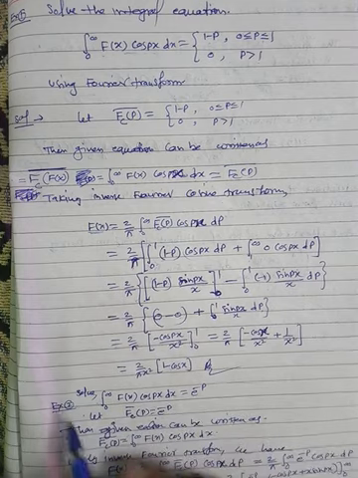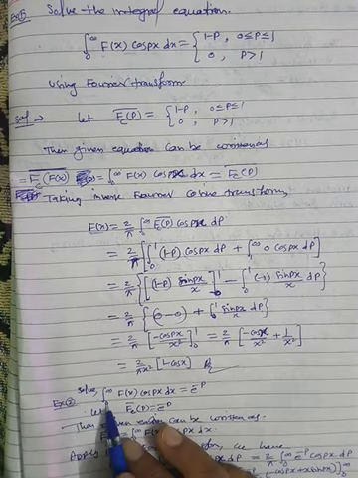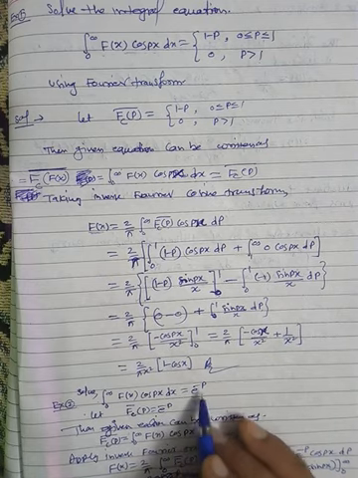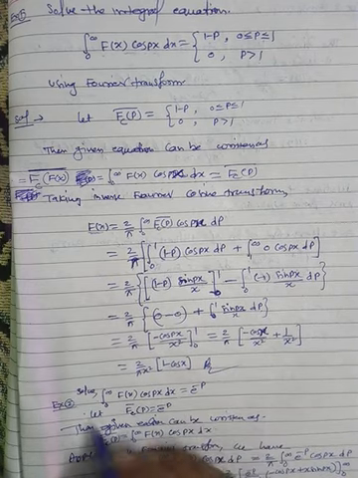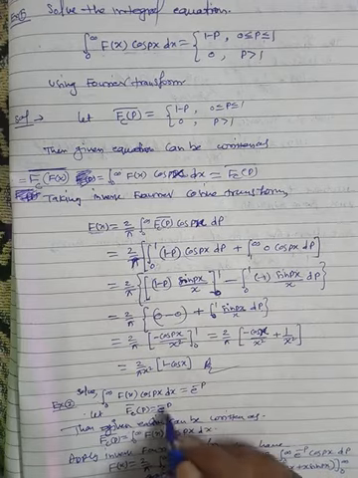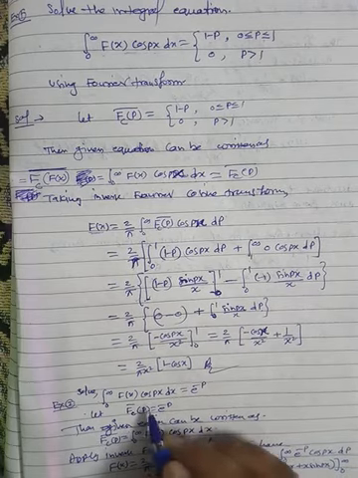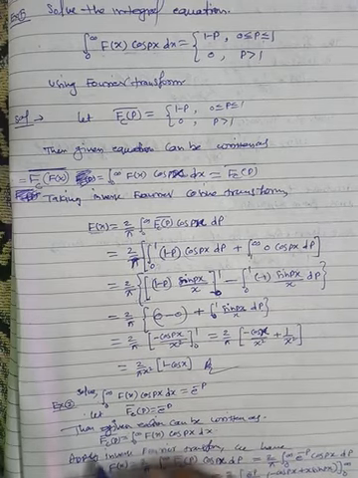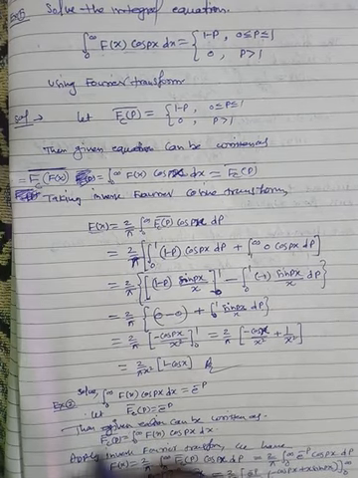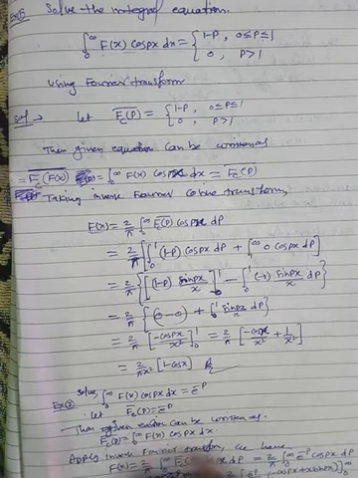The last problem is example number 2. Solve the integral equation ∫ from 0 to infinity f(x) cos px dx equals e raised to the power minus p. So let F_c(p) bar be e raised to the power minus p. Suppose this is assumed as F_c(p) bar. So the given equation can be written as F_c(p) bar equals the integral from 0 to infinity of f(x) cos px dx. Again we use the Fourier cosine transform.